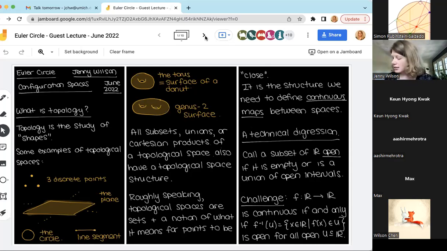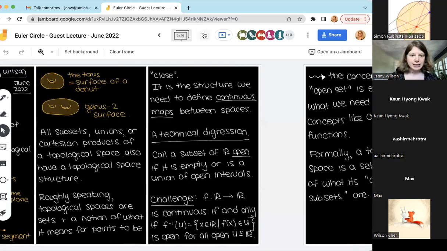And then this condition will become the definition of continuity. A function is continuous if and only if the pre-image of every open set is open. Okay, so that statement definitely shouldn't be obvious if you haven't encountered it before. I'm going to move on to the next slide in the talk.